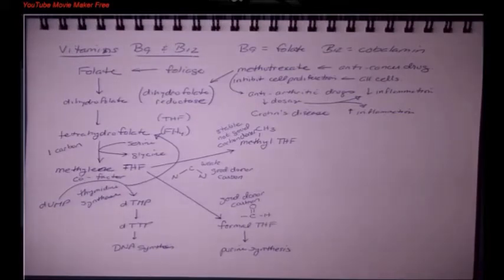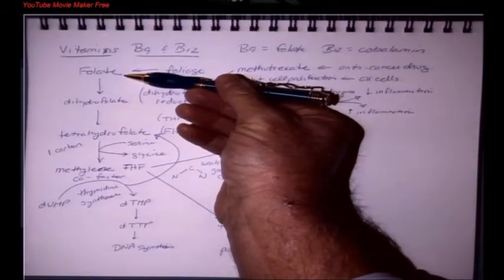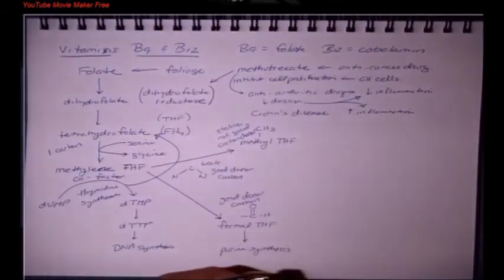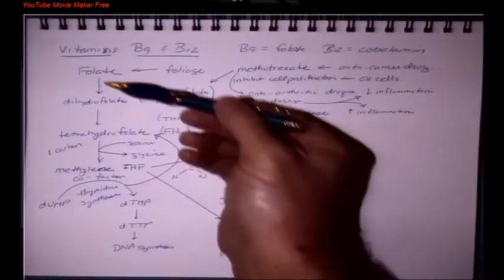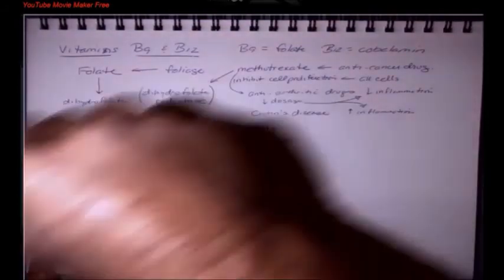Now, what happens is that if you have a limited amount of folate, so let's say your folate intake has been reduced, so you have the beginnings of a folate deficiency, vitamin B9 deficiency, that means that all the folate in your body is going to have to perform all of these reactions.